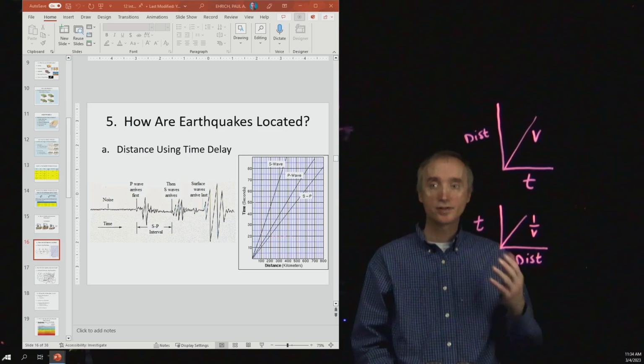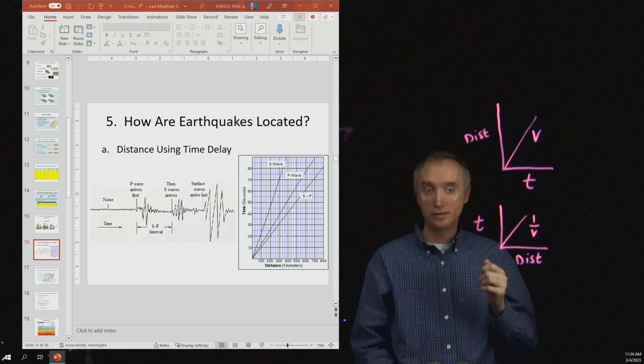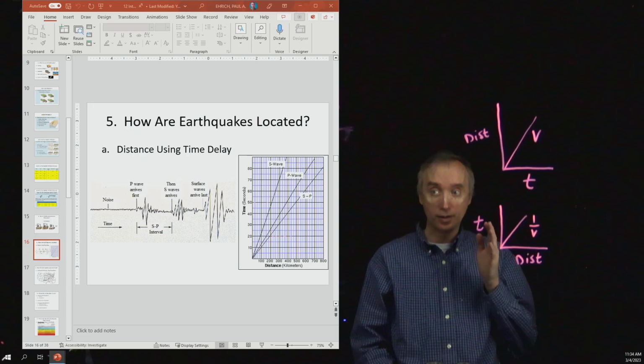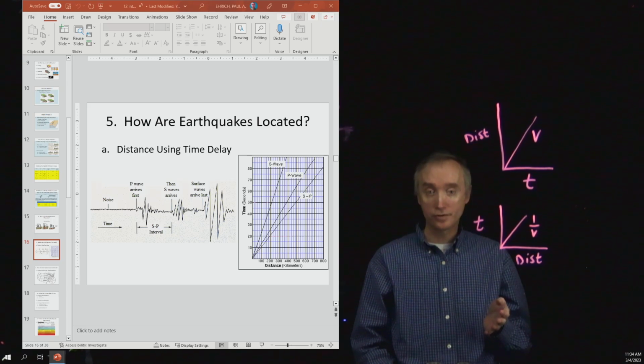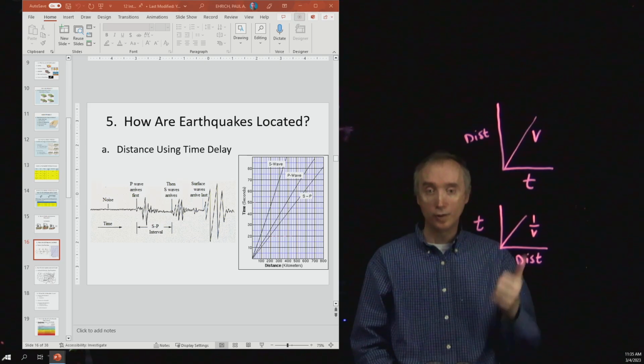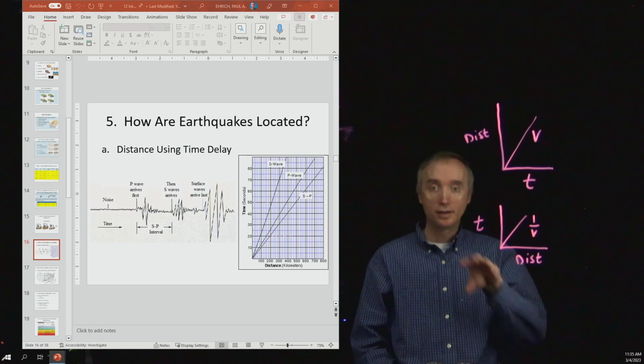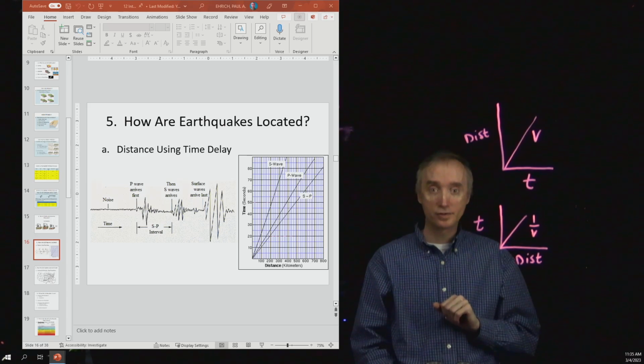Let's say, for the sake of argument, that there's a minute of difference between the two. The P waves, the primary waves, arrive first. We click our stopwatch. 60 seconds later, the S waves arrive.